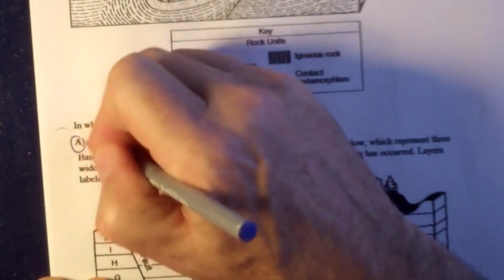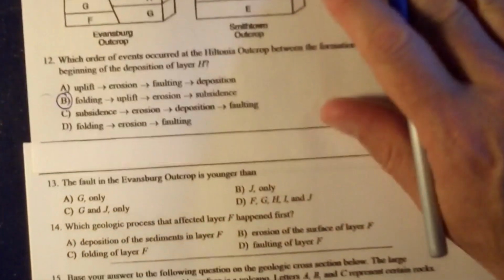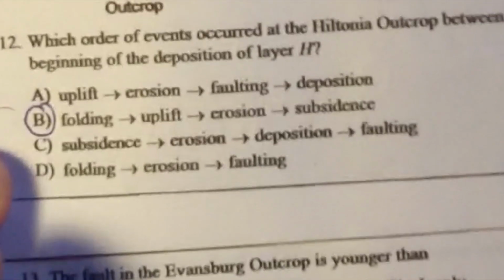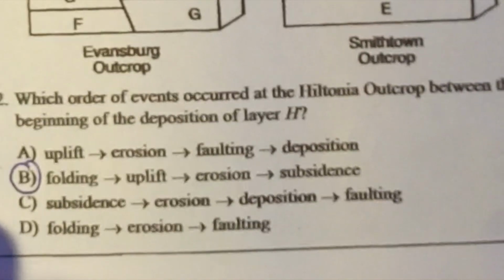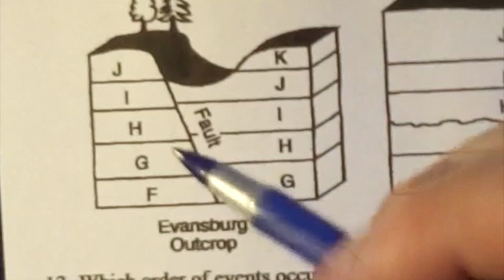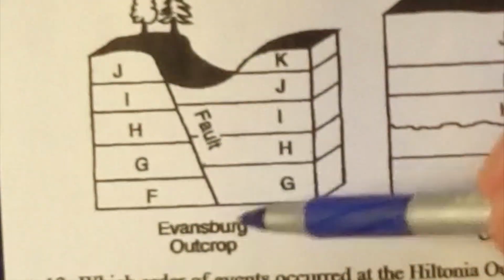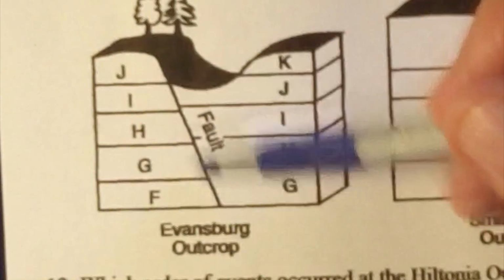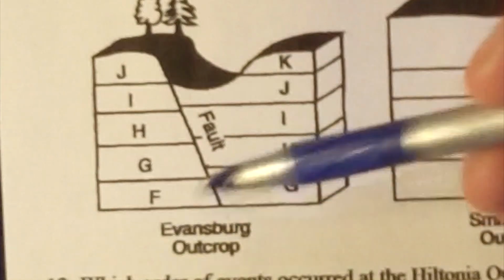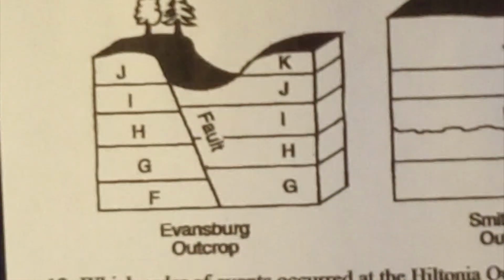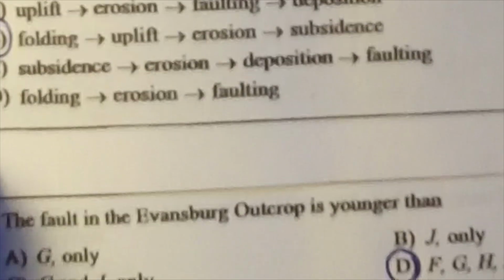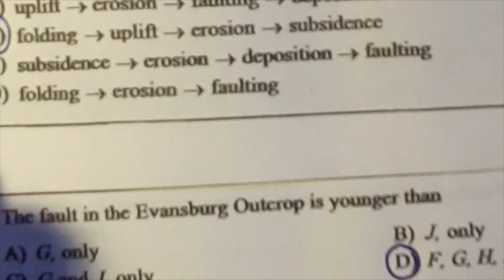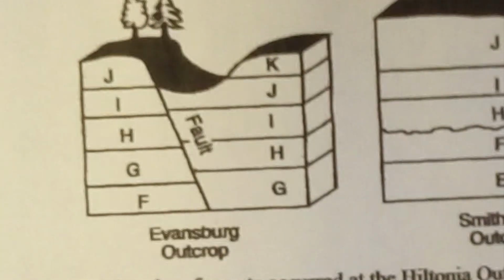Going back to this. Okay, for this next one, it says the fault in Evanston outcrop is younger than. So in Evanston outcrop, that's over here, the fault cuts through all the rocks here. All these rocks must have been here already. So I'm going to say most likely that's letter D. And which geological process that affected F happened first?